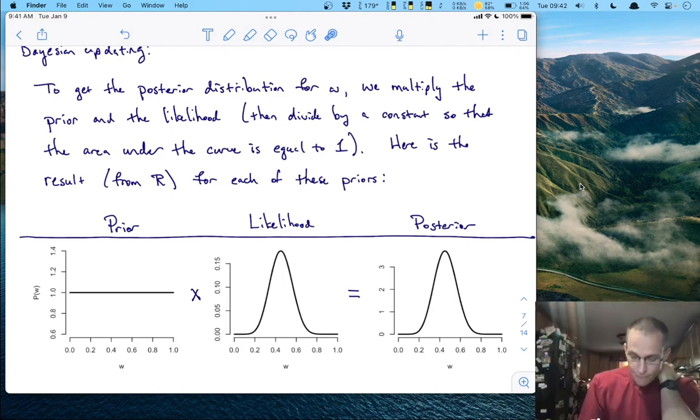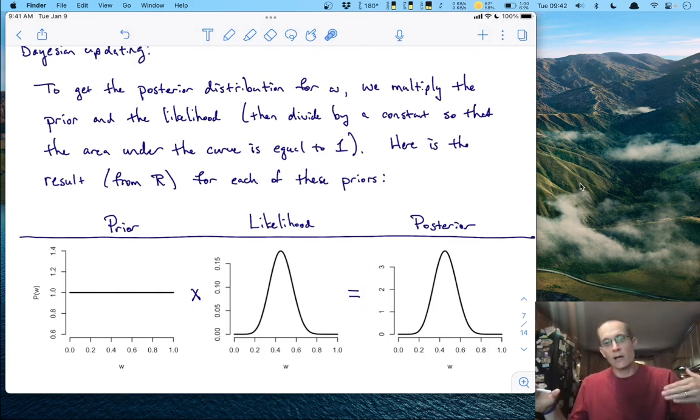Now the point is here's something that's really happening. Notice that every point along the likelihood gets multiplied by 1, which means it doesn't change. That's why here the posterior looks exactly like the likelihood. That's because a flat prior does not change the likelihood. You'll notice the scale on the y-axis is a little different.